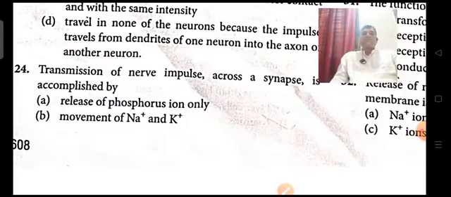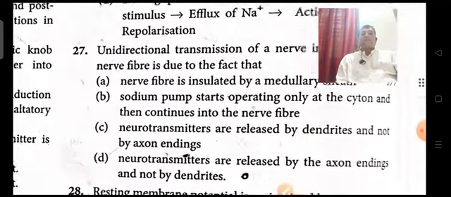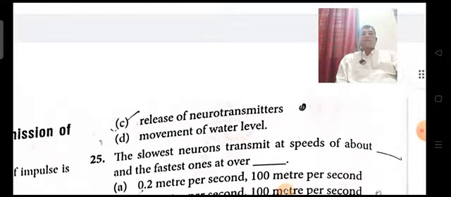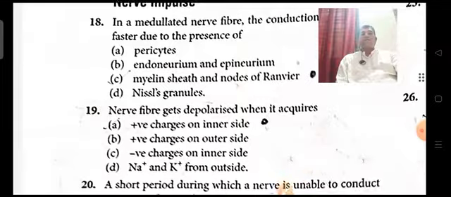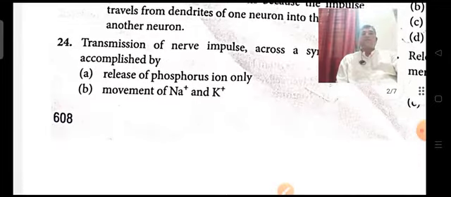Next, transmission across a synapse is accomplished by release of phosphorus ion only, movement of Na plus and K plus, release of neurotransmitters, or movement of water. So here once again we'll try to understand the question.